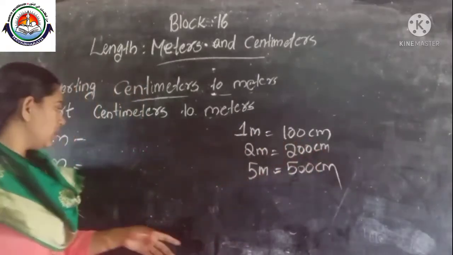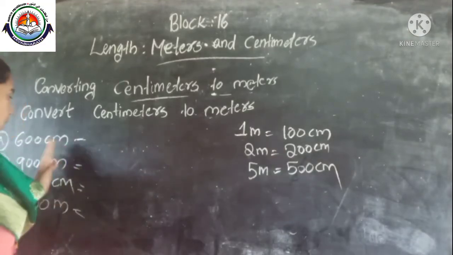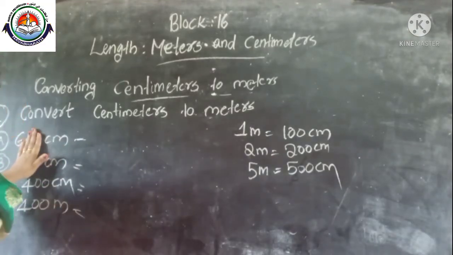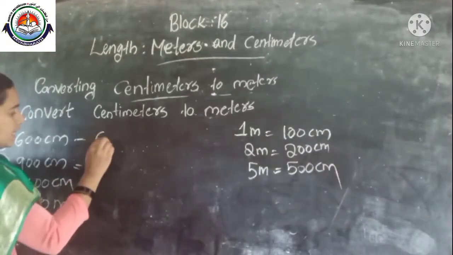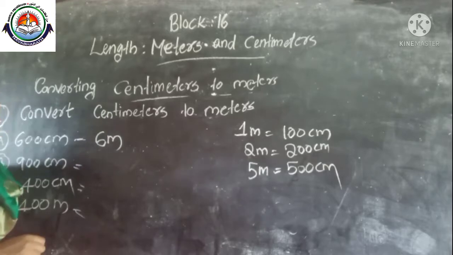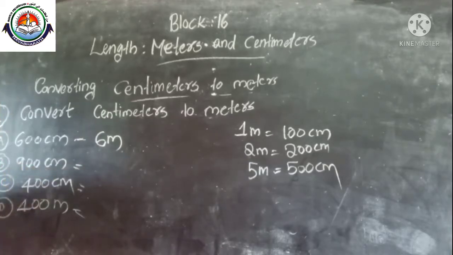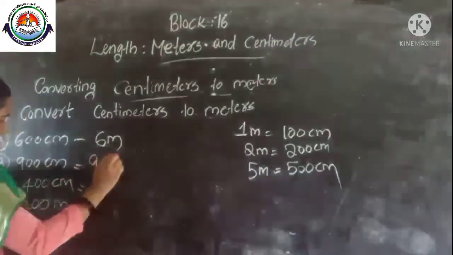So here 600 centimeter. How many zeros do we cut? 2 zeros. When we remove those 2 zeros, what do you get? 6 meter. 600 centimeter makes 6 meter. Here 900 centimeter, 2 zeros, what remains? 9 meter.